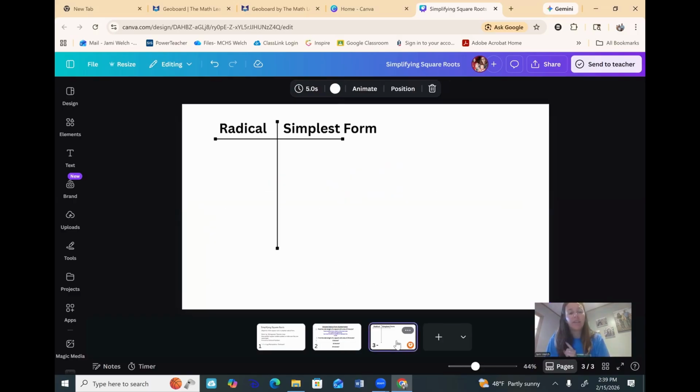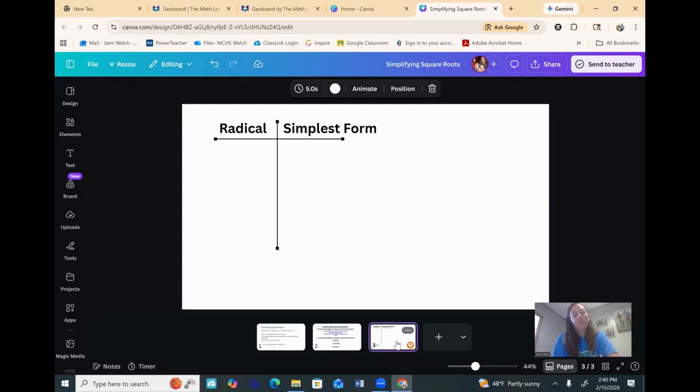Now, another thing I thought of, I really want them to go from this radical form that's not in simplest form to simplest form. And I want them to do this without geoboards eventually. The purpose of the geoboard is really just to allow students to see what's going on, maybe give them a visual, and relate the concept of what's happening geometrically as well.